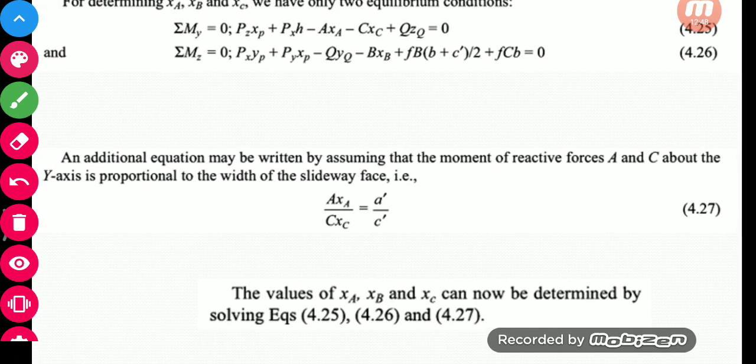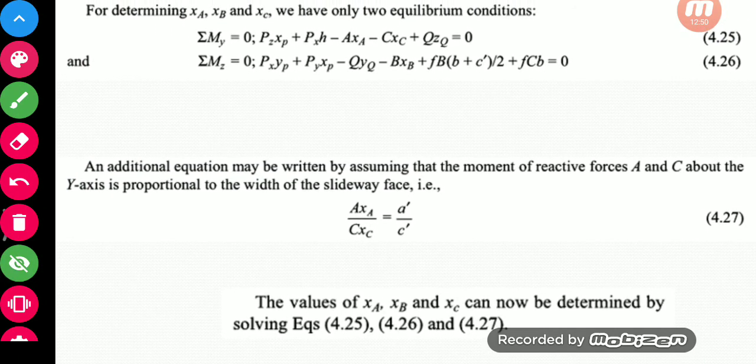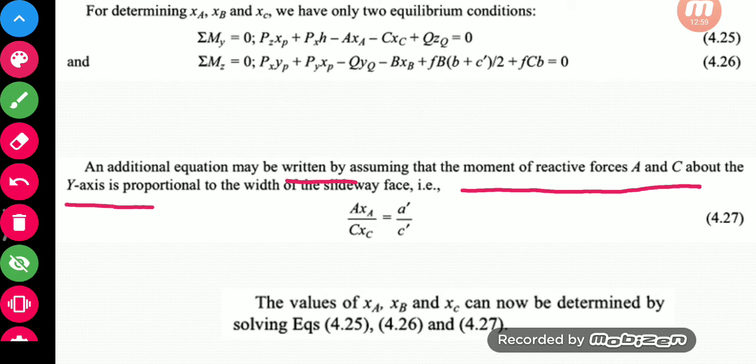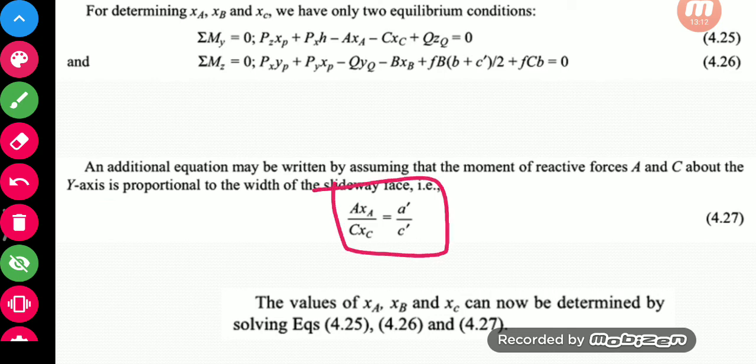What that assumption states is that an additional equation may be written by assuming the moment of the reactive forces A and C about the y-axis is proportional to the width of the slideway face. So what they're saying is A times Xa by C times Xc is equal to A dash by C dash.